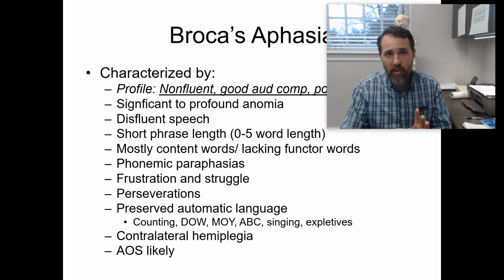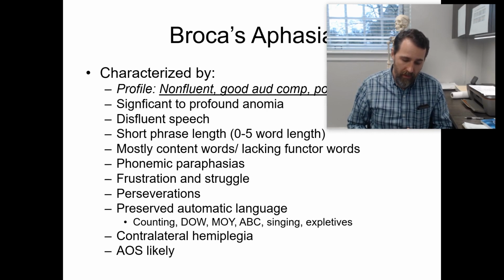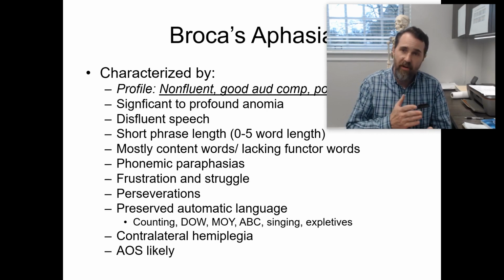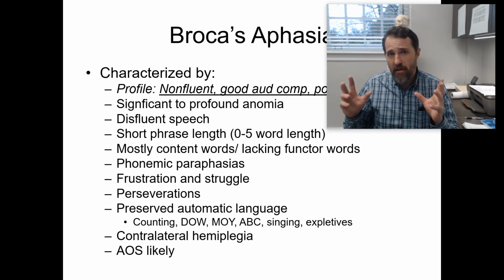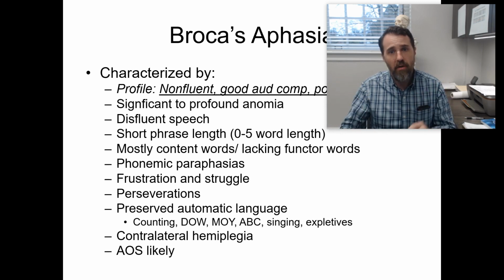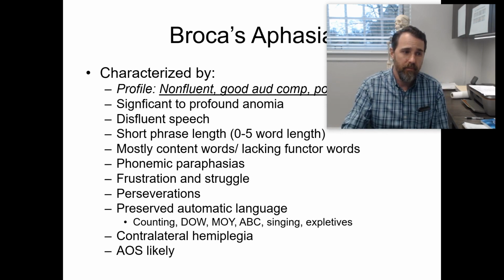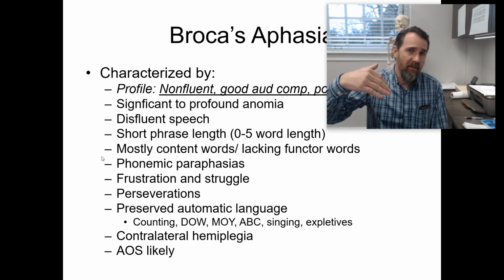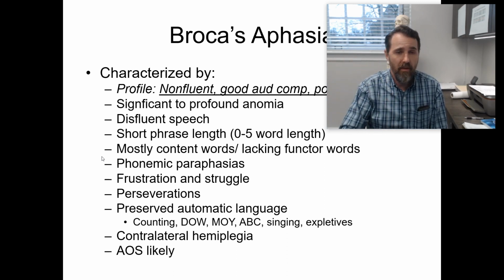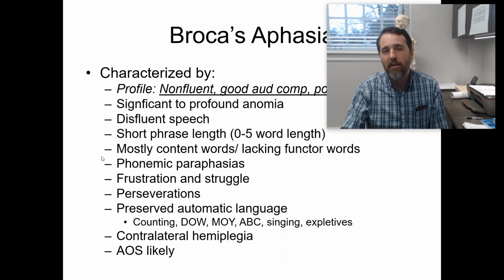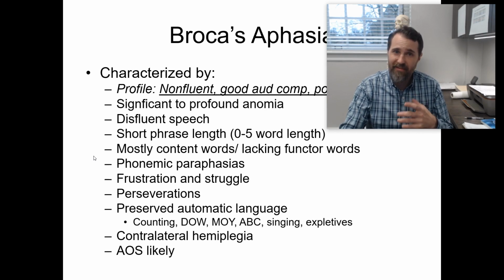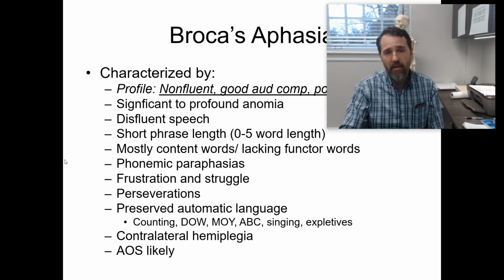So your guys with Broca's aphasia, they're going to have very non-fluent speech. You're going to know that the minute you walk into their hospital room. But they're going to have pretty good auditory comprehension, functional auditory comprehension. They're going to have poor repetition because, like we said, the arcuate fasciculus has been damaged. So their primary problem is a significant to profound anomia that is going to create very disfluent speech for them.